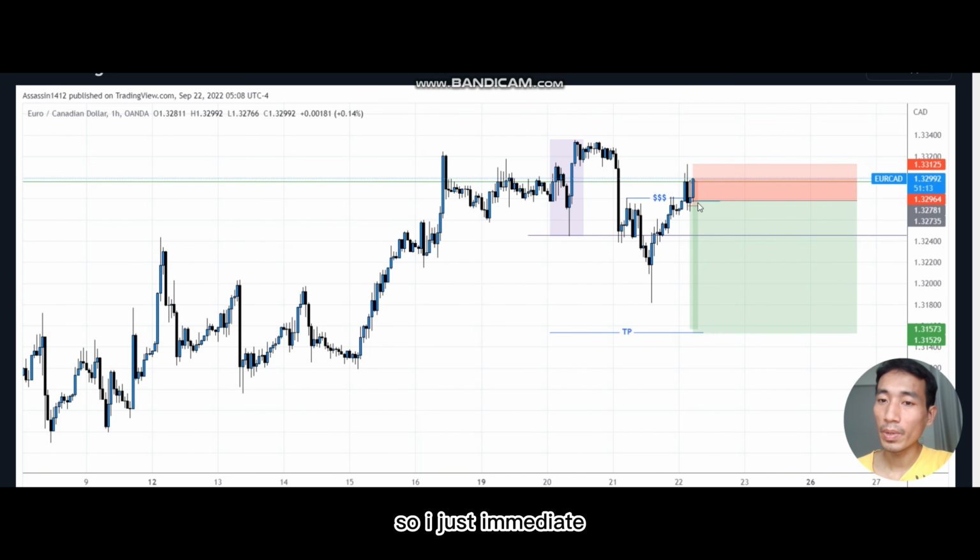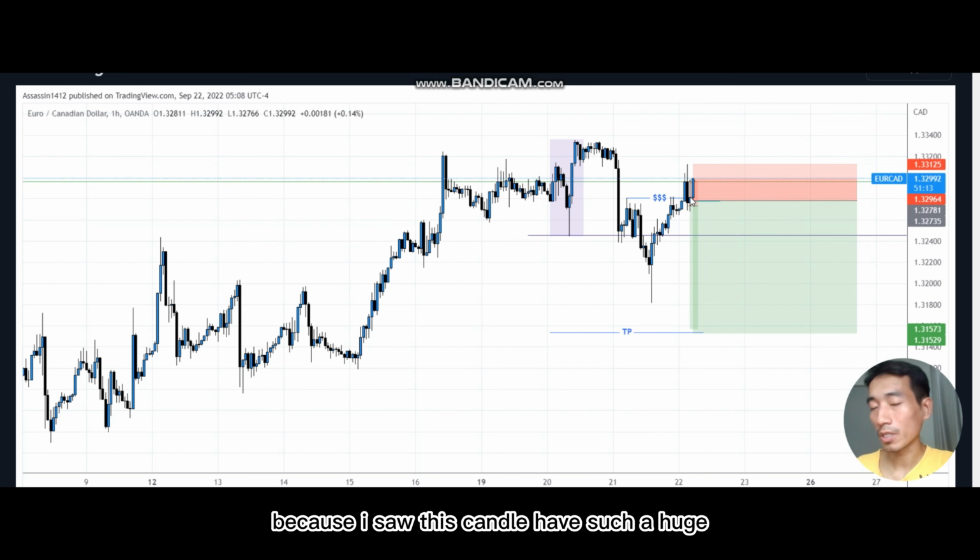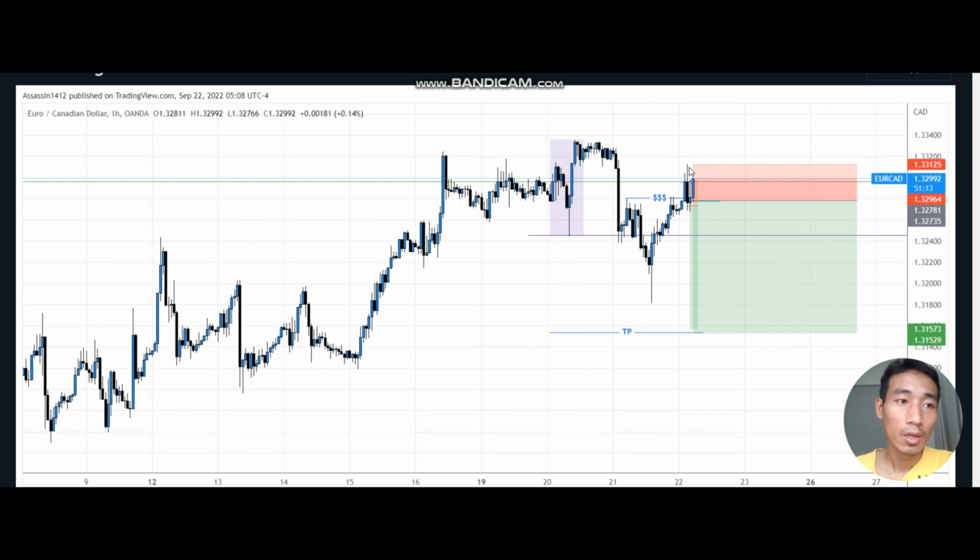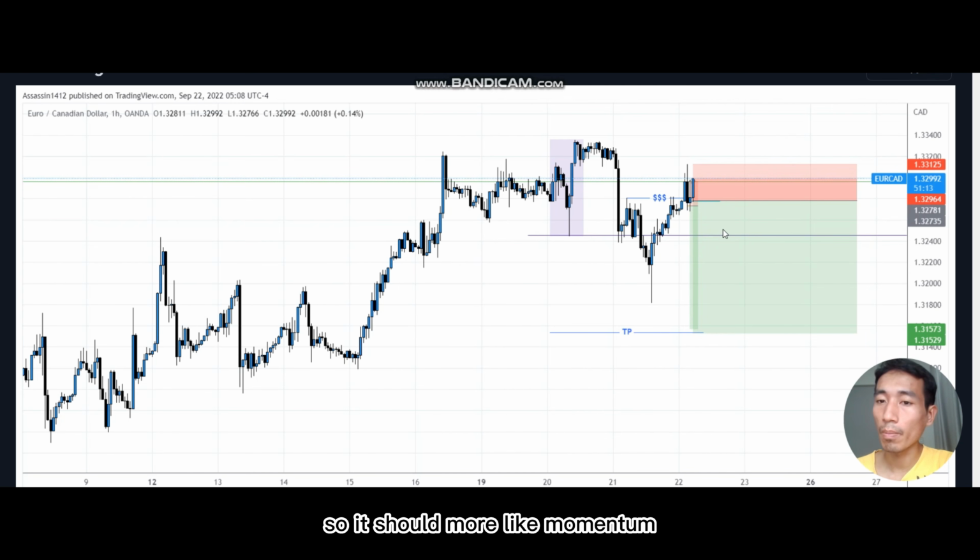So instead of waiting for more confluence or using a better stop loss, maybe this right here, I actually just entered the trade right here because I saw this candle have such a huge push to the downside, so it's more like momentum.